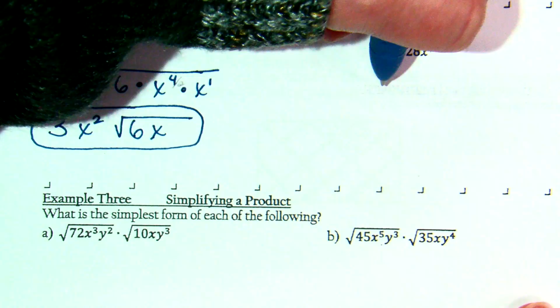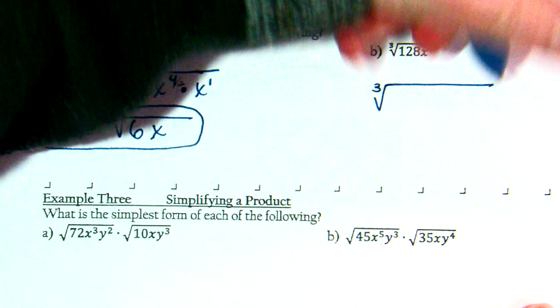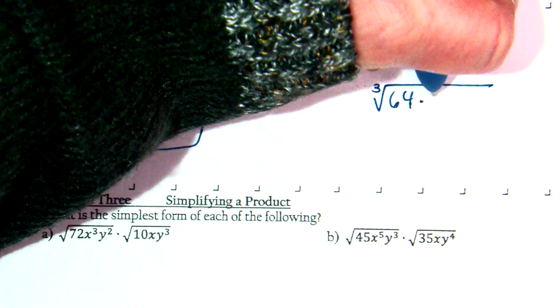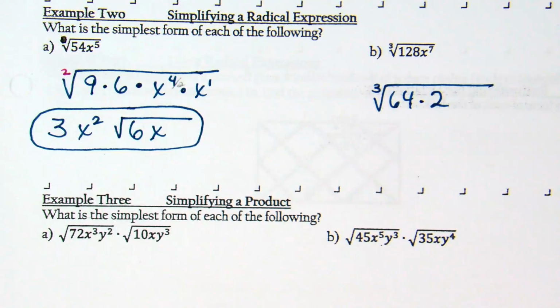Cube root. So I might go back and write in that was a square root there. Okay, cube root 128. We already decided 128 divides by 64. So I'm going to rewrite 128 as 64 times 2. Okay. X to the 7th. Can I take the cube root of x to the 7th? No, why not?